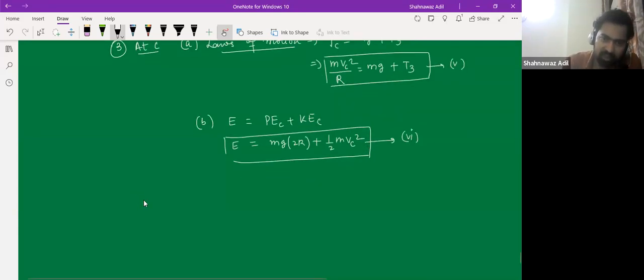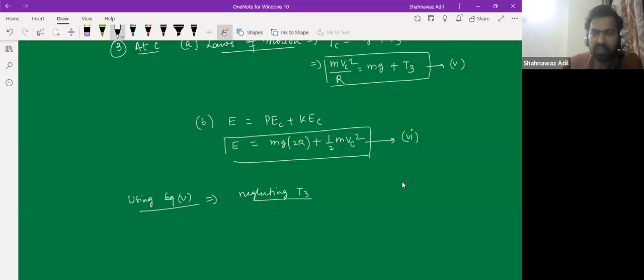So using equation fifth, right? And neglecting, but in some questions we have to use this tension, right? So we'll use that, and let's see what we'll get.